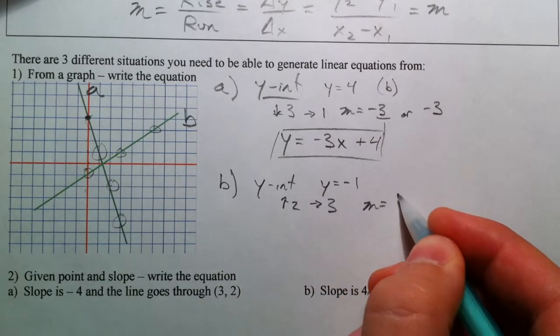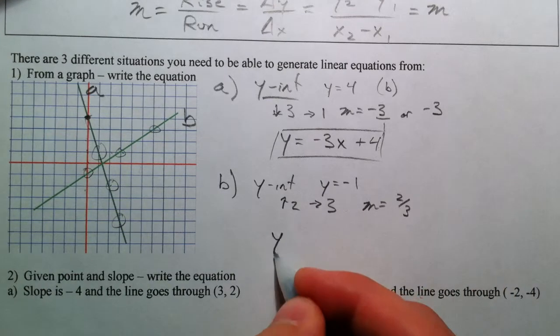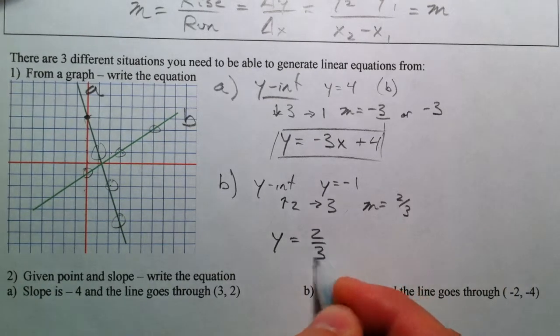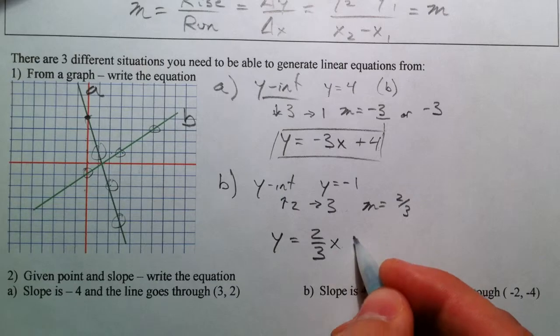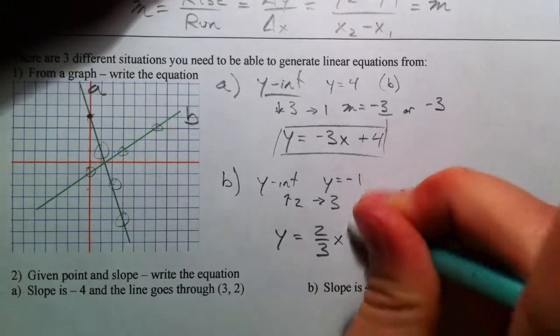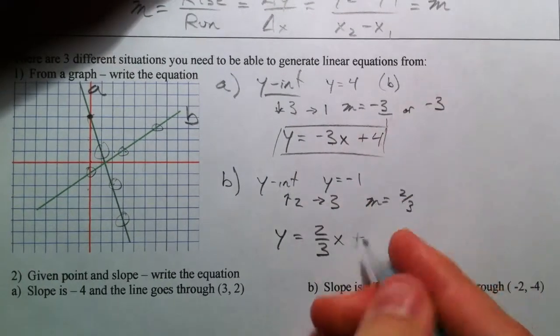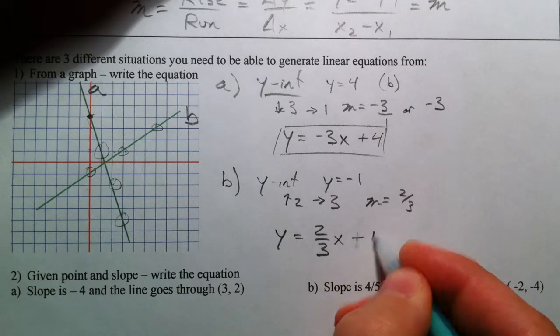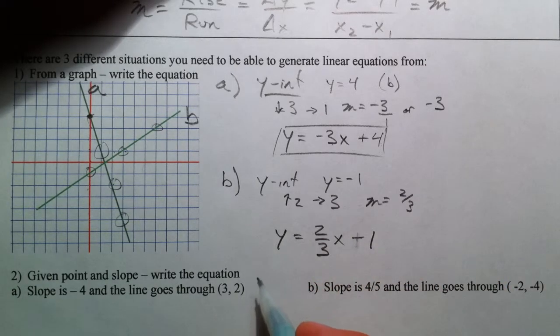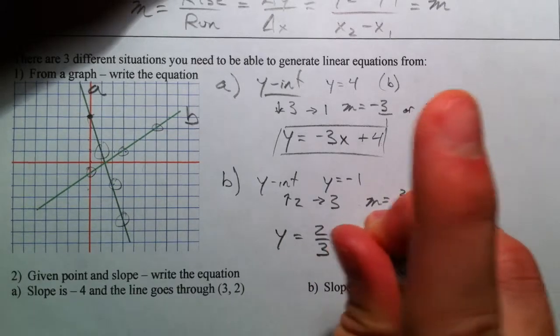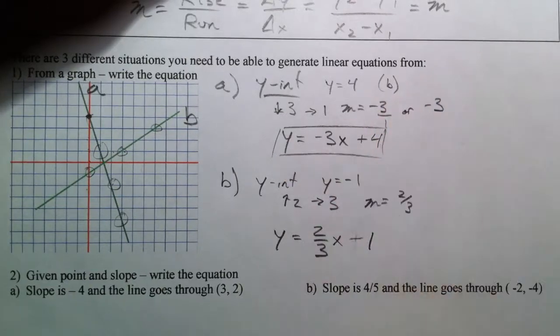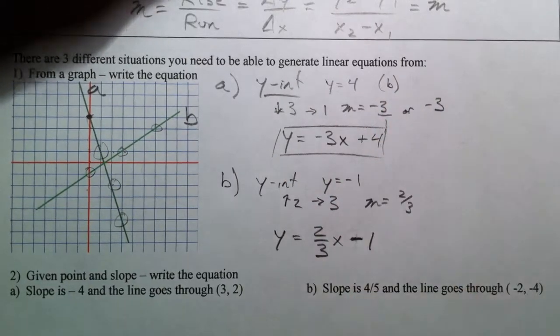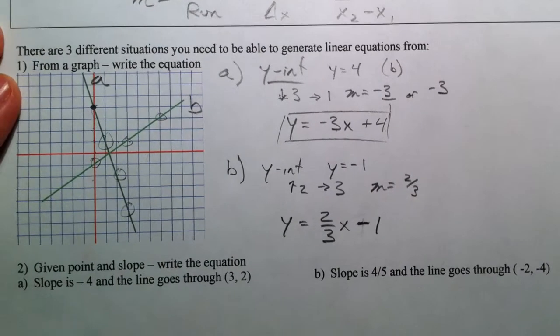So 2/3. So y equals 2/3 x plus, and sorry, minus 1. So you could do plus a negative 1 if you wanted to. But equals minus 1. Alright, so that's from a graph.